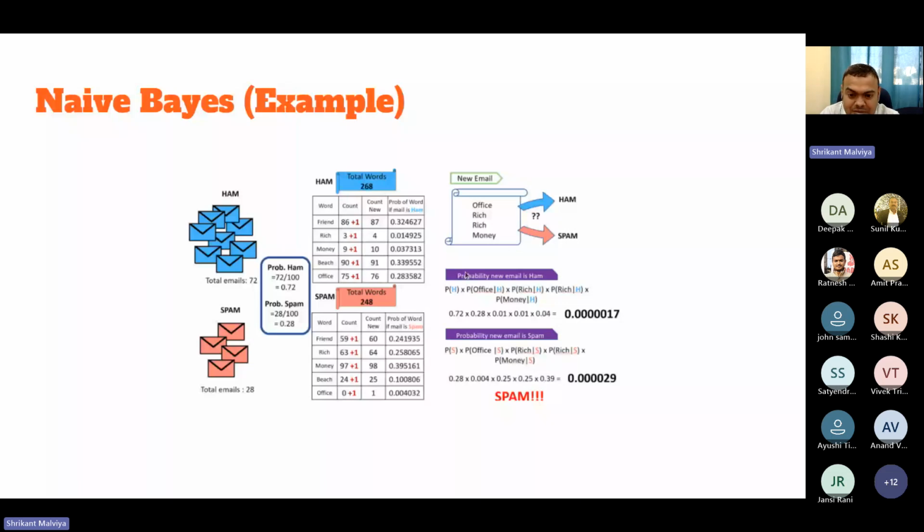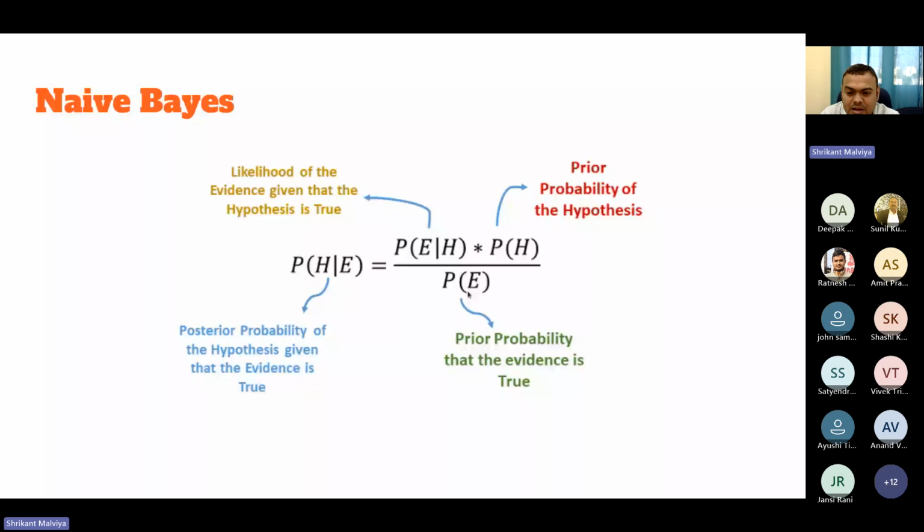Just by using the previous probabilistic formula, we can find out. One more thing I missed to tell you: the denominator part is a constant for every example, so it is generally dropped. Only the upper part of this formula is used to find the actual probability of the class.